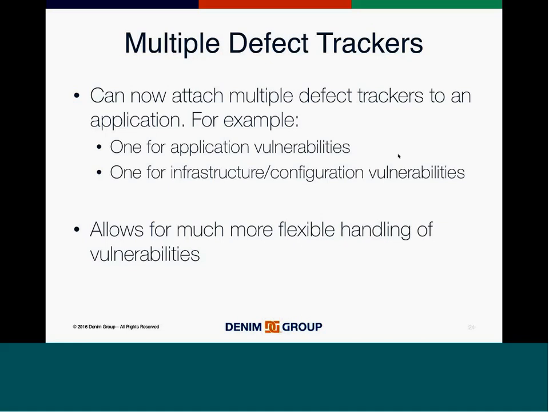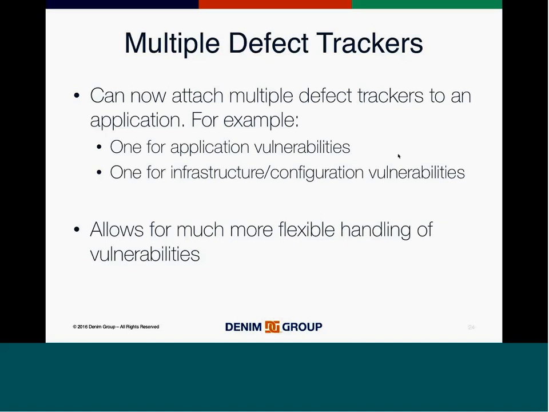A very common pattern: an organization is using JIRA to track the coder responsibilities for fixing application vulnerabilities, but they have another system, a Bugzilla or some other IT change management system that's required to track infrastructure or configuration changes.